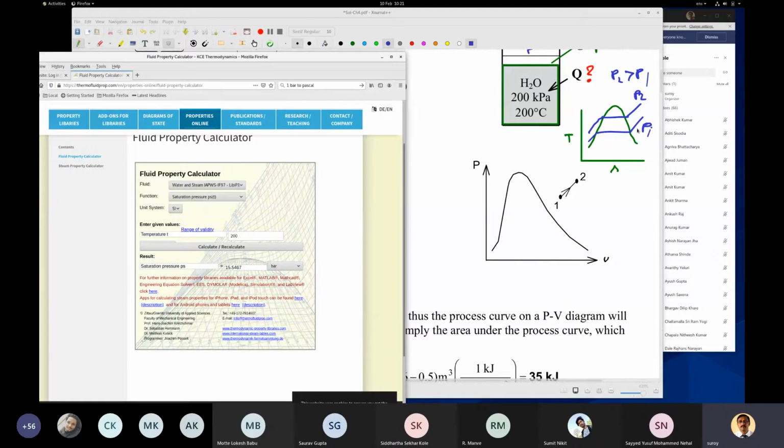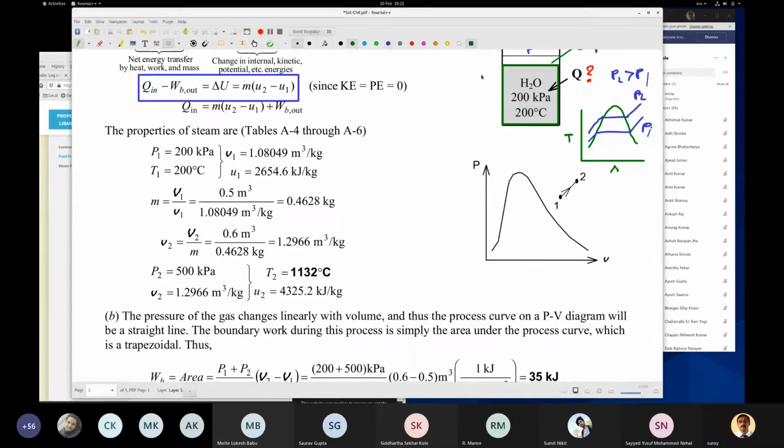So the saturation pressure is much lower, but our pressure is much higher for this temperature. So if the pressure is higher, in this case it is all superheated steam.